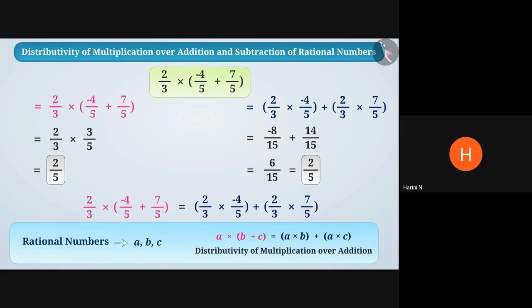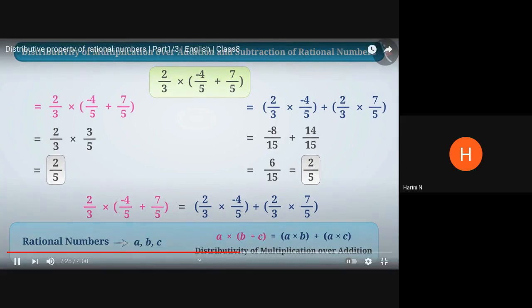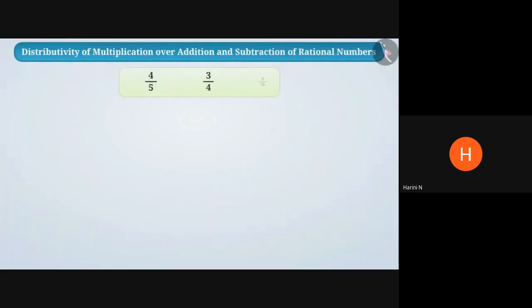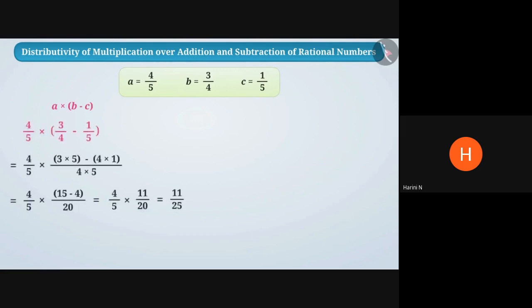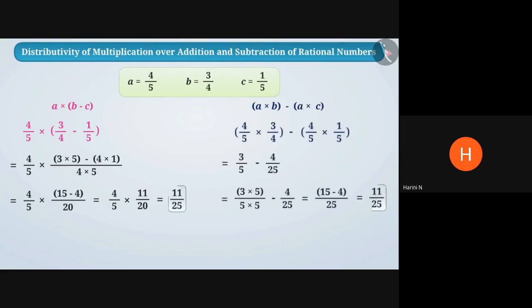Now, pause this video, take your notebook and pen, and take three rational numbers on the notebook. Suppose the first rational number is A, second is B, and third is C. Now, you can find the result by placing the values taken in the place of A, B, C in A multiplied by (B minus C). Now, you can find the result by placing the values taken in the place of A, B, C in A multiplied by B minus A multiplied by C. Did you get the same result in both cases?